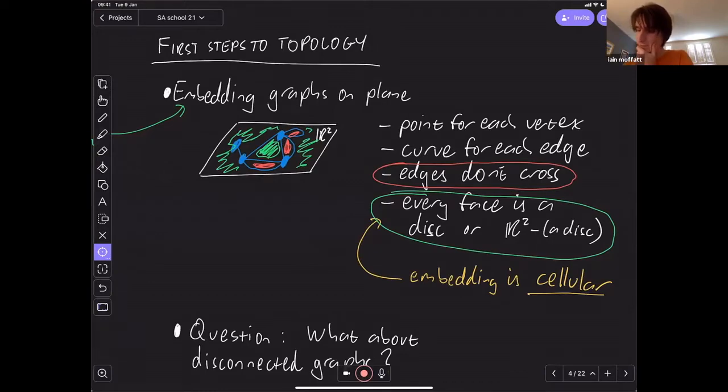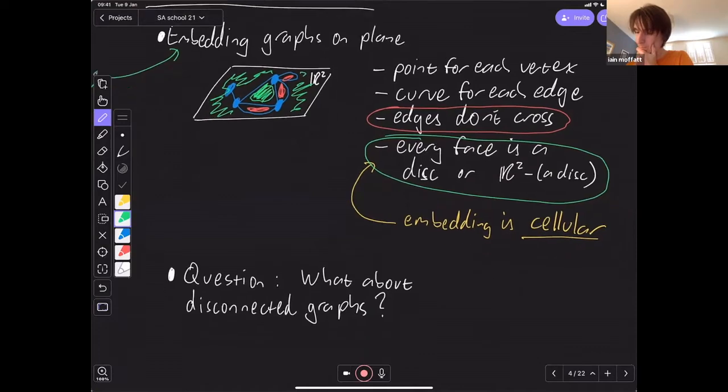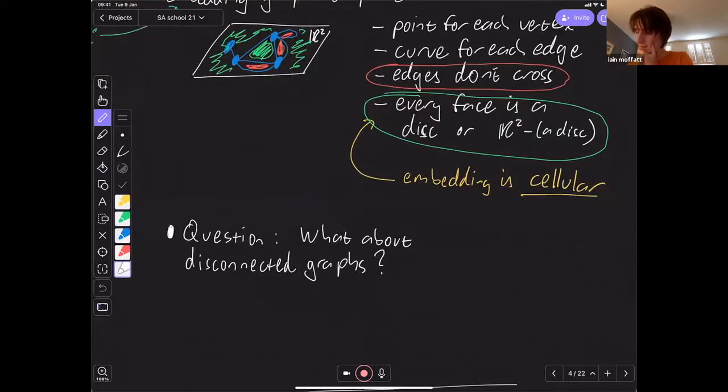Okay, so just to absorb this definition, with this example here my graph is connected, in blue, so I could ask, well, what about disconnected graphs?